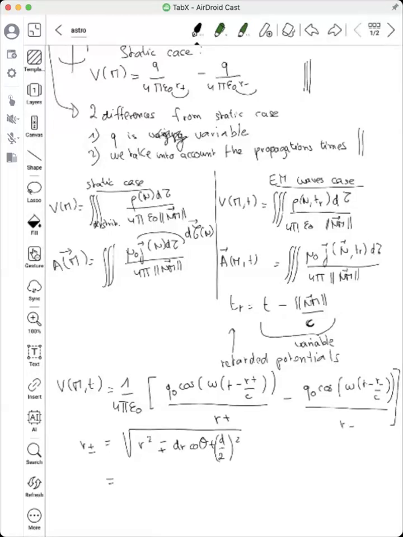And this is also R times 1 minus plus d divided by R cosine theta plus d over 2R squared.